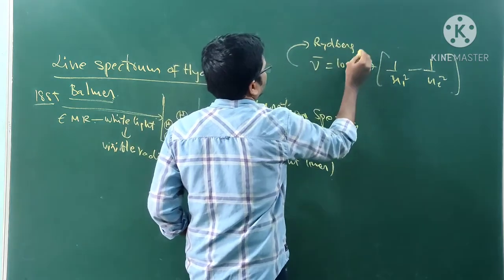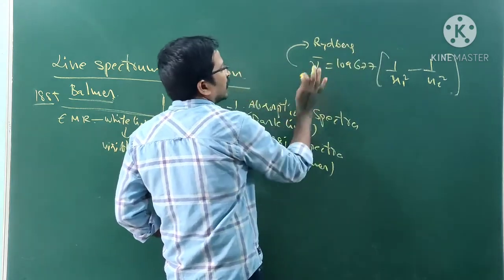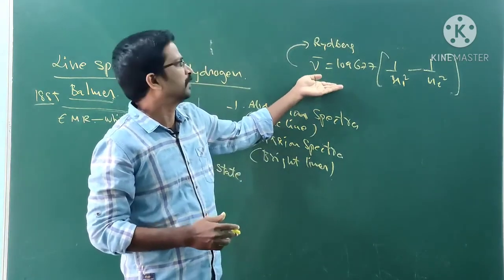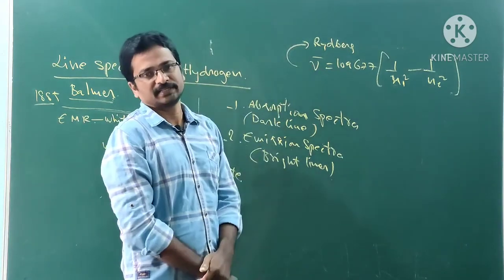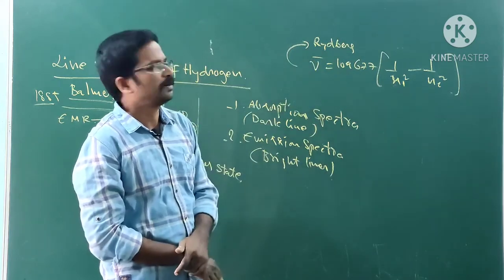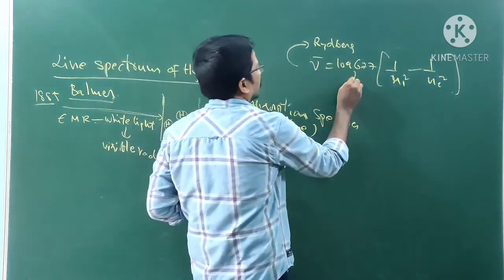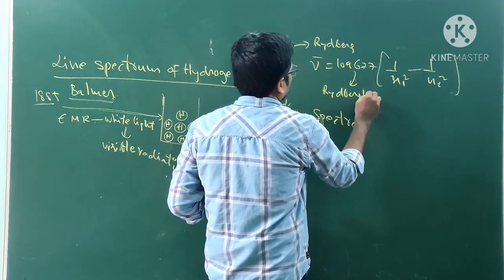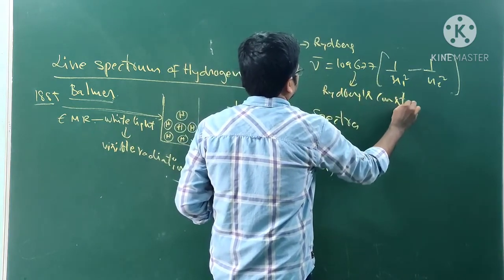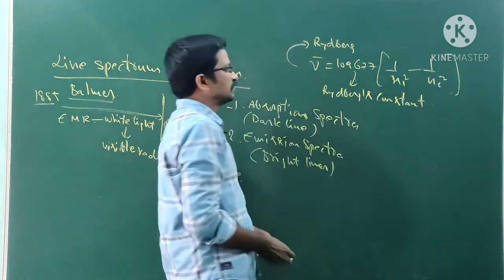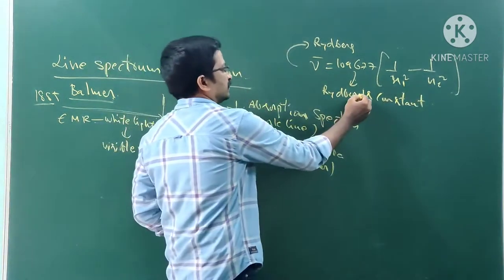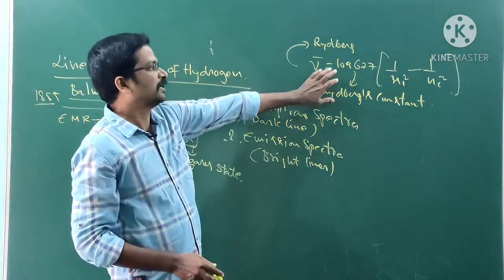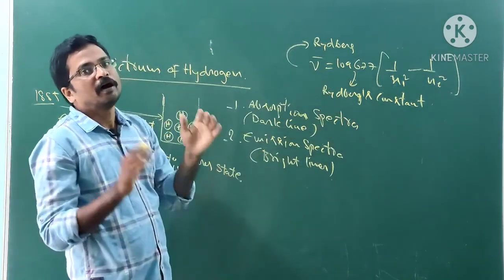Rydberg proposed this equation, and the constant is known as Rydberg's constant.